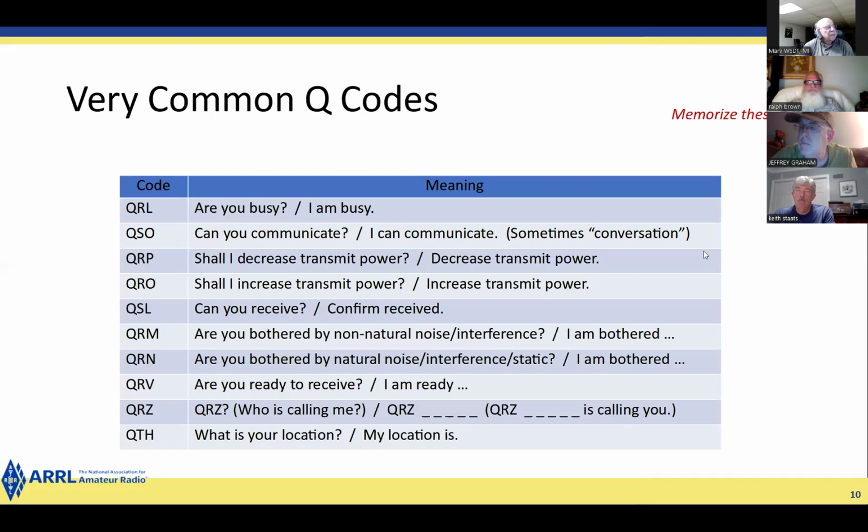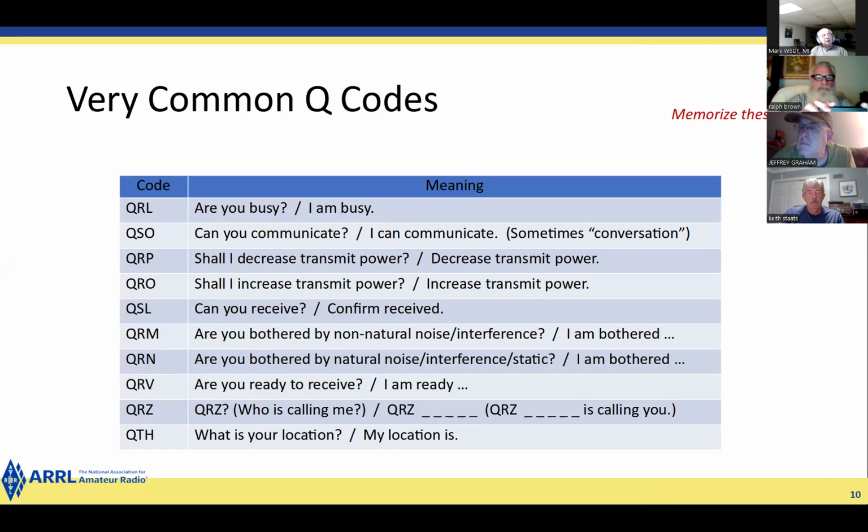So here's some common Q codes that we use. QRL, are you busy? If it's a question mark, these would be used mostly in using CW.